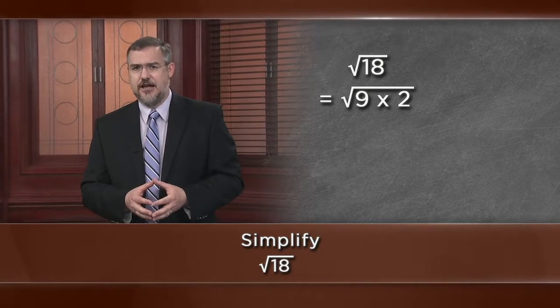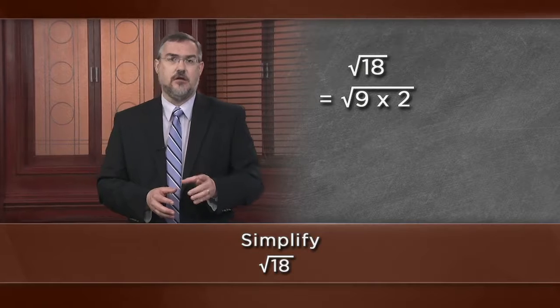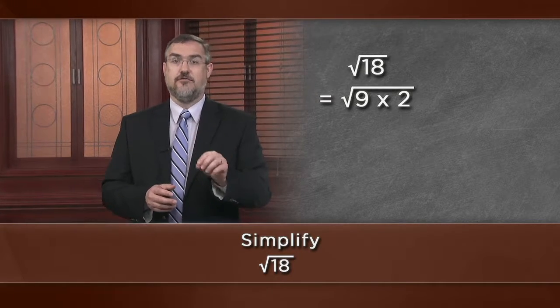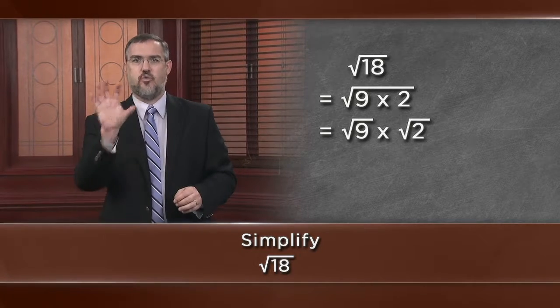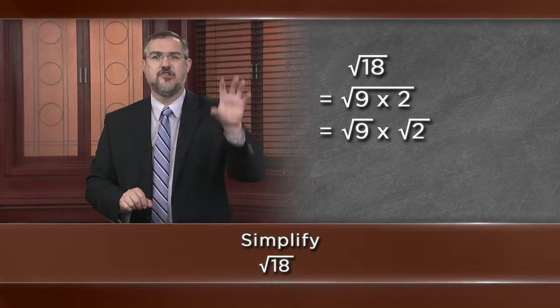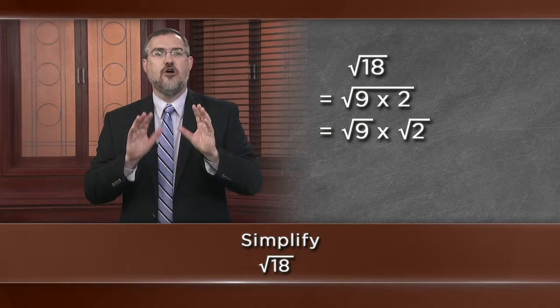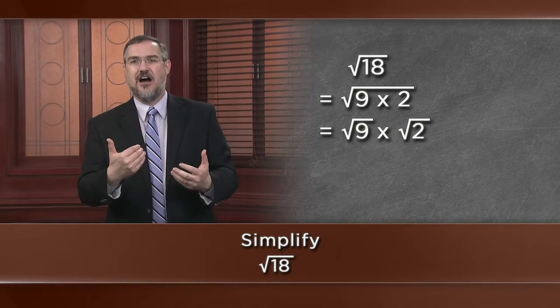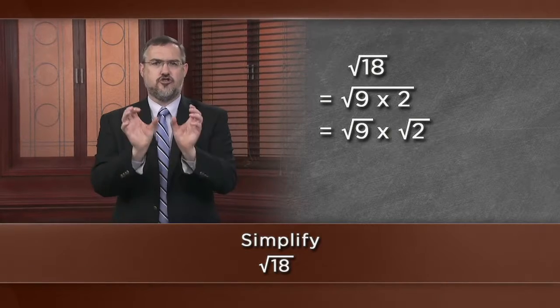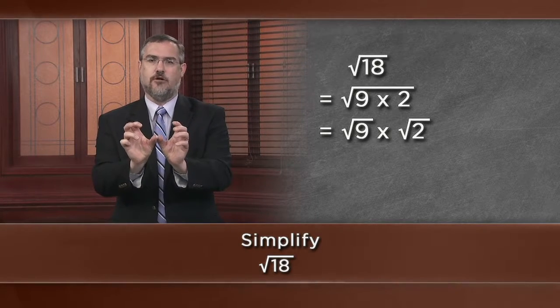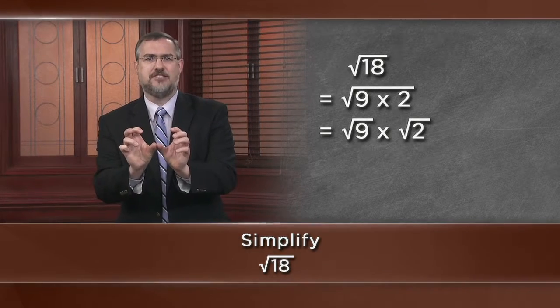Well, it means that the square root of 18, which I can write as the square root of 9 times 2, is the same as the square root of 9 times the square root of 2. And notice how we just isolated that 9 into its own square root. I've written two separate square roots, if you will, and I've multiplied them back together.